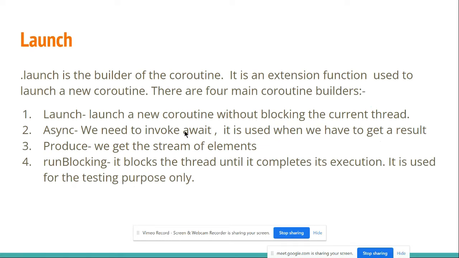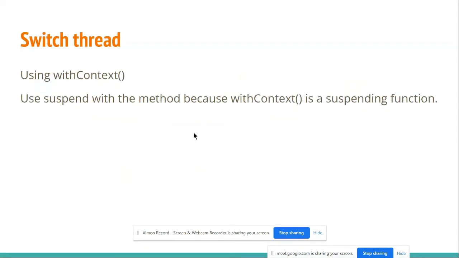And for async, we need to invoke await. This await we will learn further. What is this await? So suppose we are doing a background task. We are doing some kind of calculations, and after that we have to update a UI, like we have to show a toast or update a text.